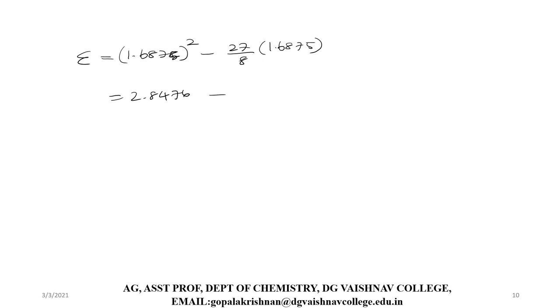Minus, the value of this one, 27 into 1.6875 divided by 8, gives me 5.6953.